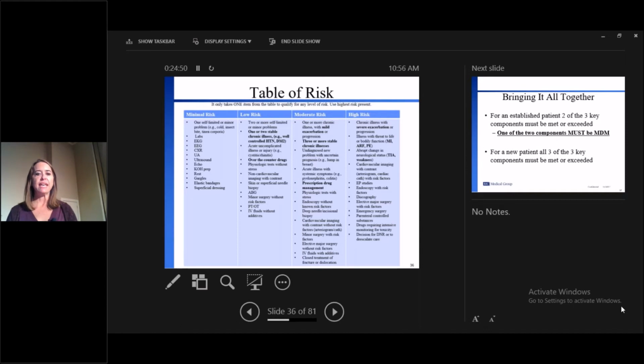But here's the key to where most of us in primary care are going to be able to get our 99214 visits: 3 or more chronic stable conditions. Okay, I don't know very many patients who don't have diabetes, hypertension, hyperlipidemia, and do you know that morbid obesity counts as one of your chronic conditions too?